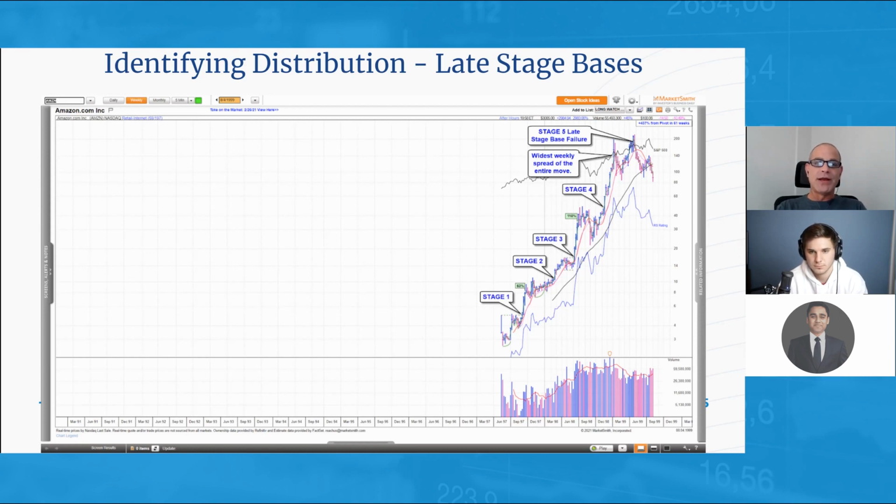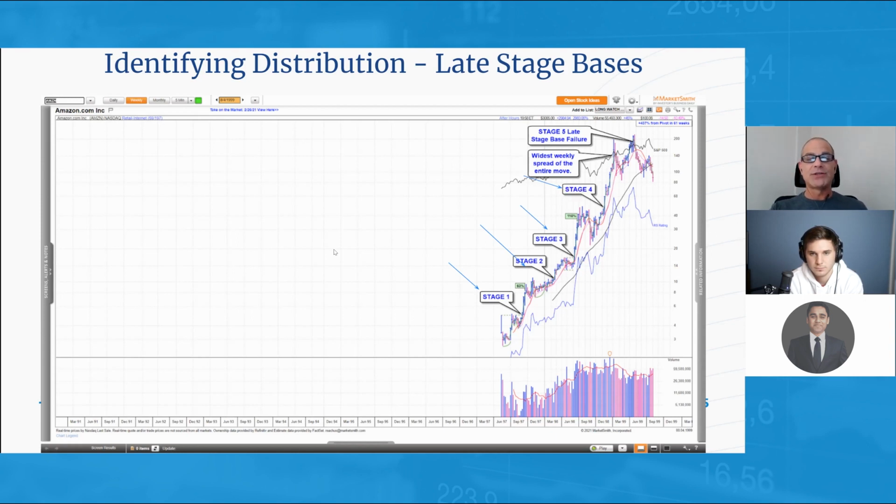From earlier in our discussion, we looked at counting base stages and how a stage 1 base and a stage 2 are considered your earlier stage bases with the highest chance of success of a breakout working. As you get towards stage 3 and stage 4, your probabilities of failure start to increase much more so by stage 4. And it doesn't always have to happen that way.